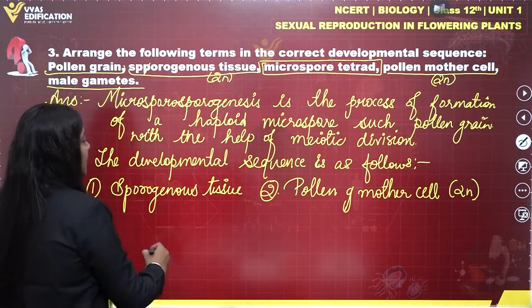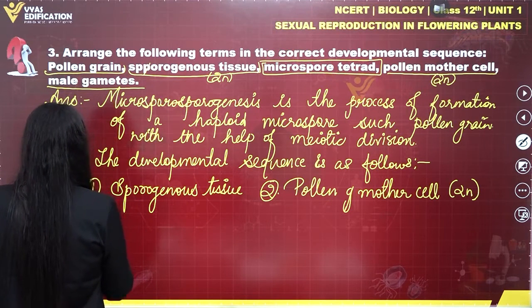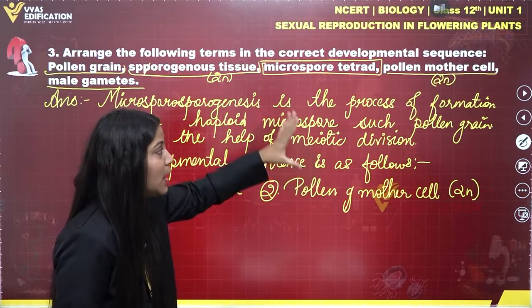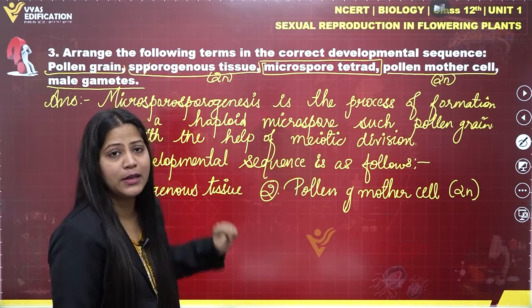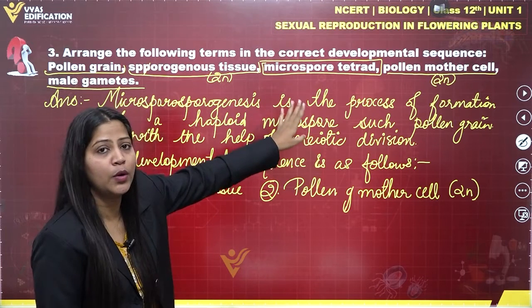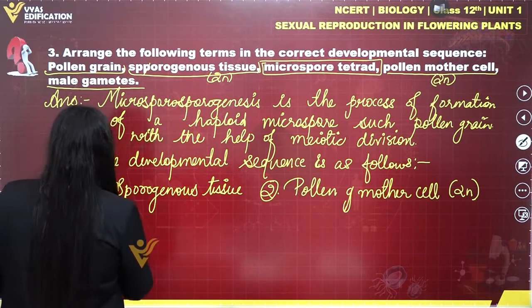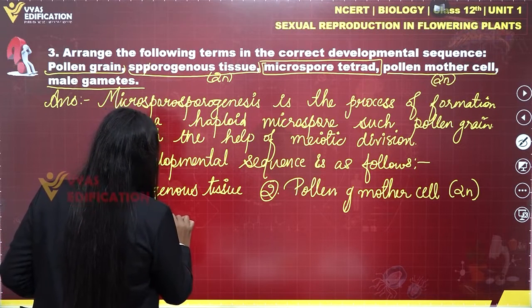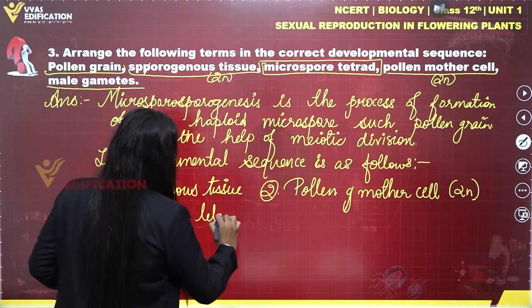Now after pollen mother cell, on the 3rd number, as these pollen mother cells are diploid in nature, they will undergo meiotic division to form microspore tetrad. So we will get microspore tetrad.